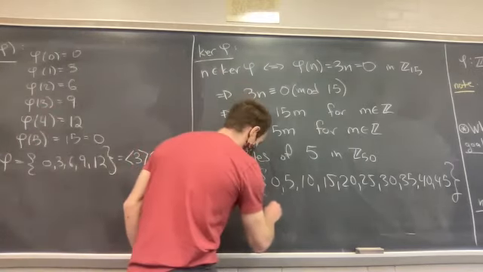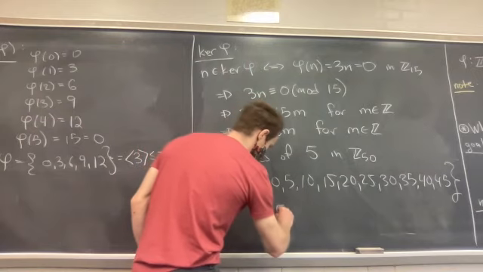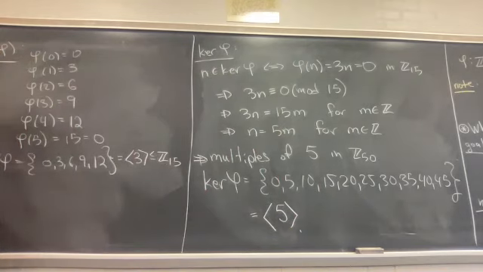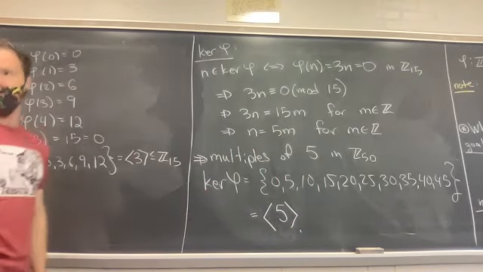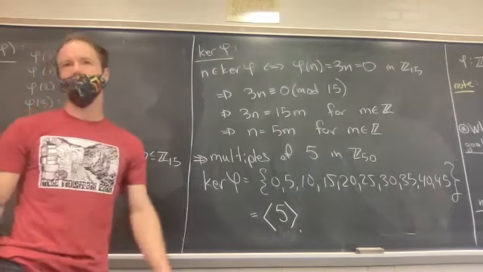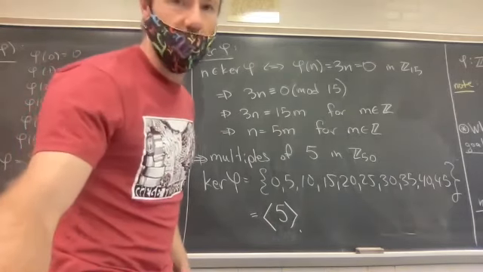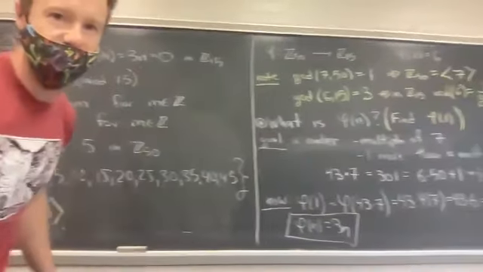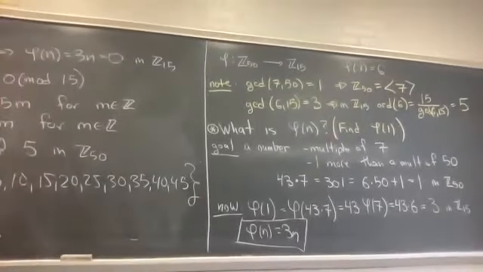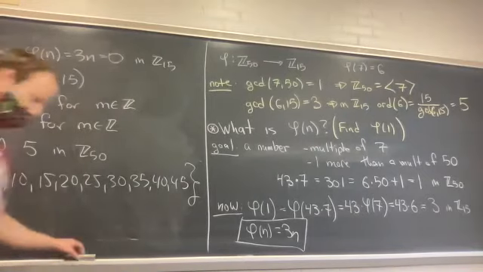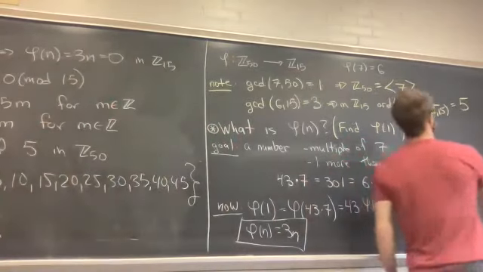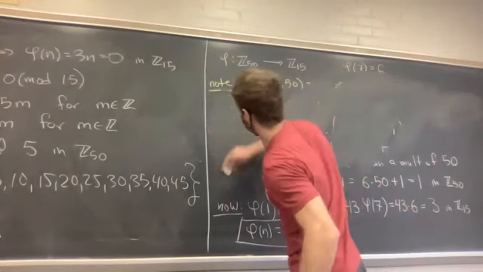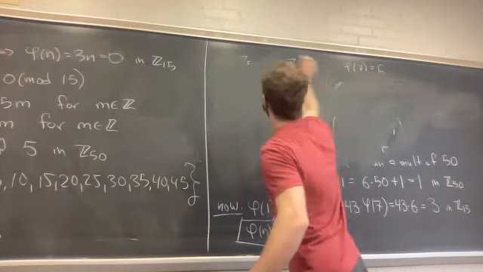So it might be nice to write this as the cyclic subgroup generated by 5, but that's kind of optional. All right, so let's do one more, which is actually pretty related to what we just did, but it's useful to look at on its own because it looks a little different, even though at its heart it's kind of the same.